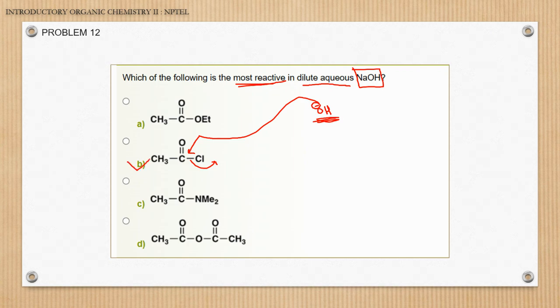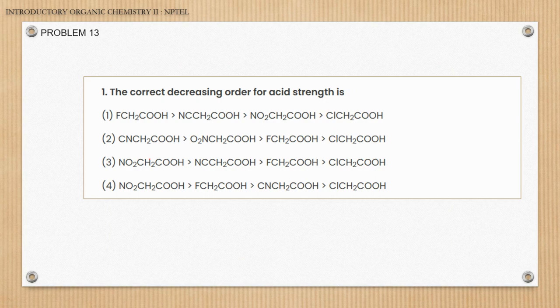Yes, ma'am. Okay, so now coming to problem number 13. In problem number 13, they are asking the correct decreasing order for acid strength. So you have to identify the decreasing order of acidic strength. In all the acids, you have an alpha substituent present, right?